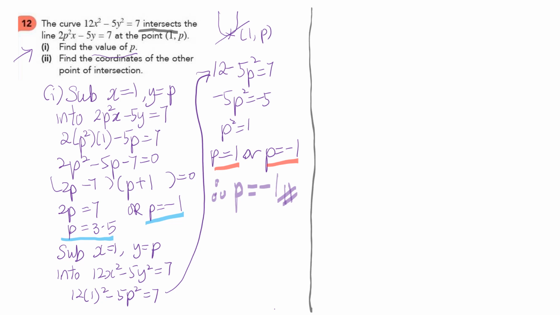So the correct diagram should be this way. You have a circle, and you have 2 points there. One of them is (1, negative 1), and we need to find this second one.